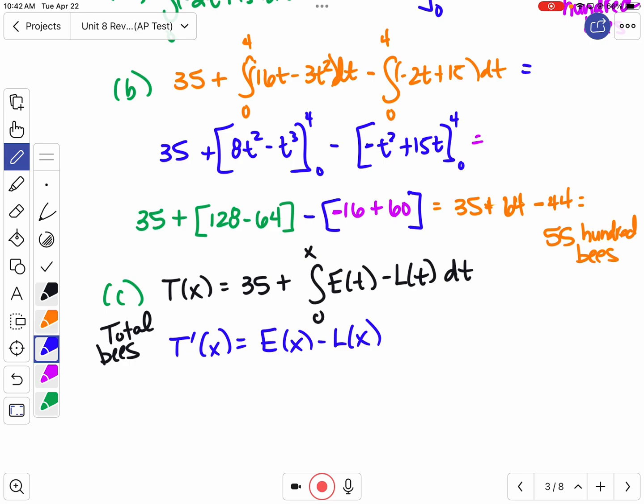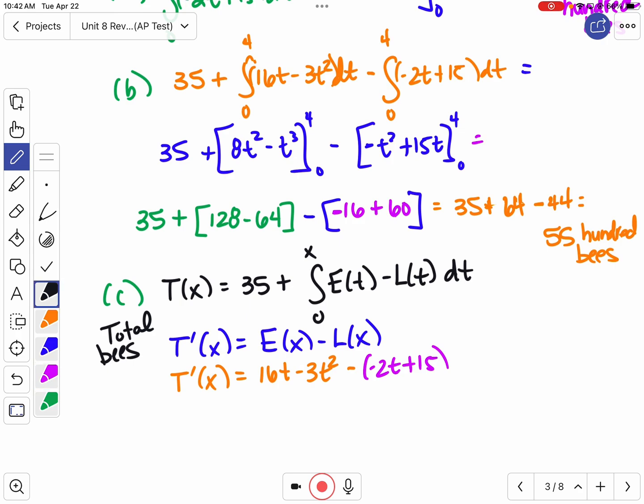Now, the good news for me is that they defined E of x and L of x. So here's what we're going to do. T prime is going to equal E at x, which is 16t minus 3t squared, minus L of x, which is negative 2t plus 15. So I'm going to actually be able to get an expression here.